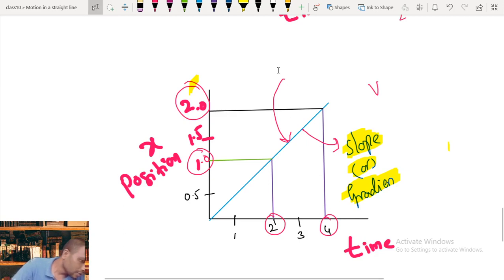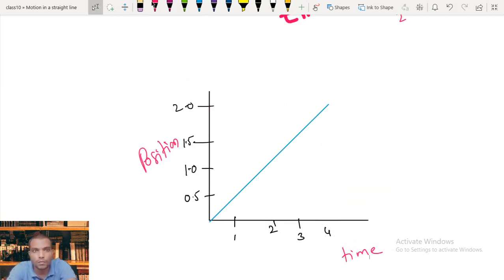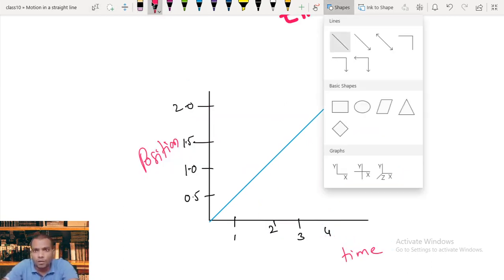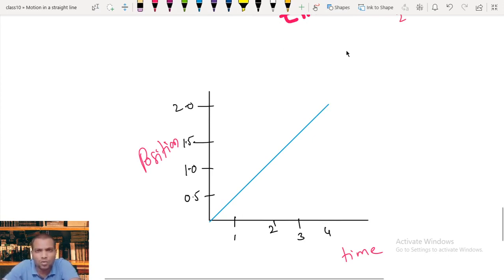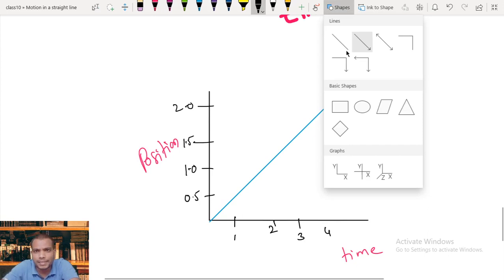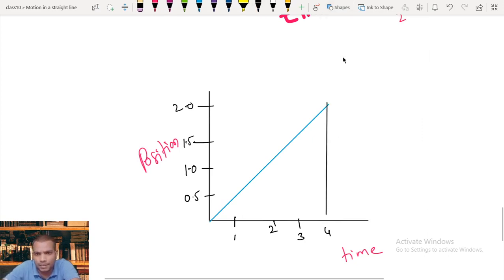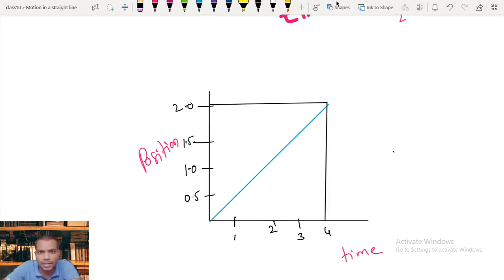Here the initial point is 0 because you can see the graph is at origin. To find from initial to final, suppose I take a line from right here to 4, so this is my final point, and the corresponding point on the y-axis. Now this is the curve slope, and I want to find it out.